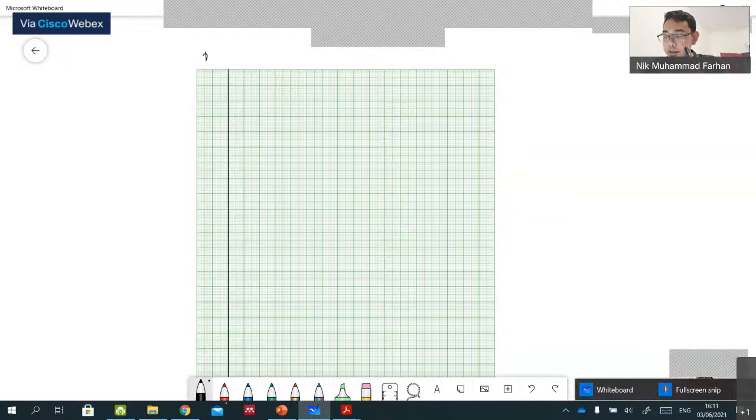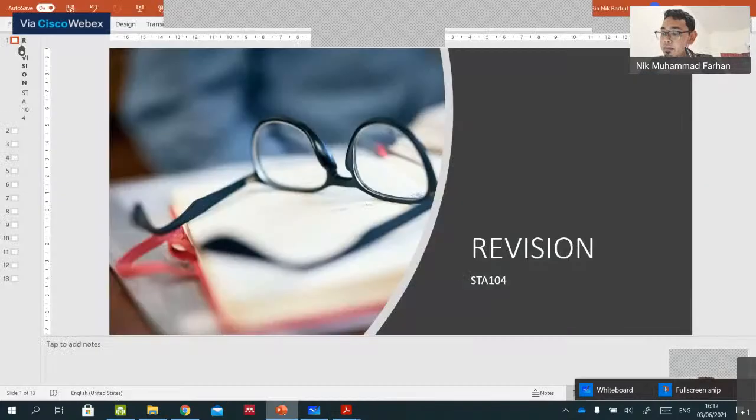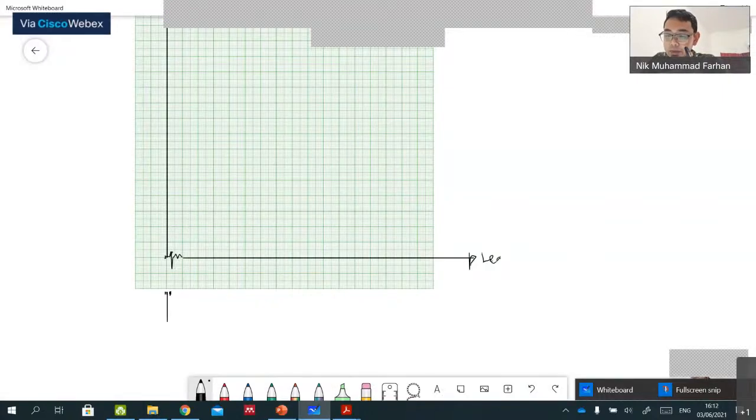Distribution of learning time. So this is learning time. Okay. So you start dengan 9.5, 19.5, 29.5, 39.5, 49.5, 59.5 dan 69.5.